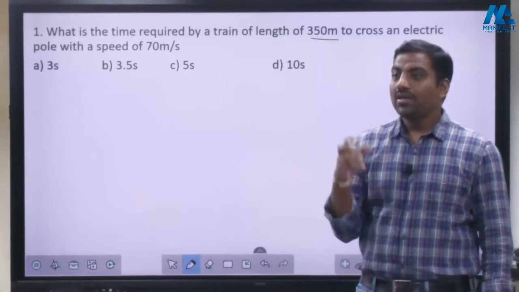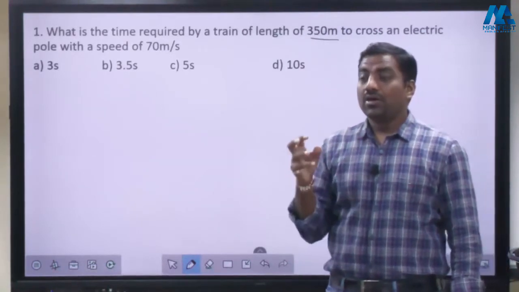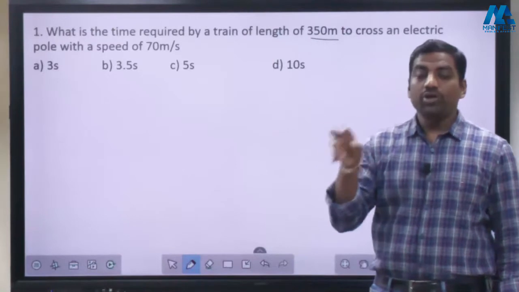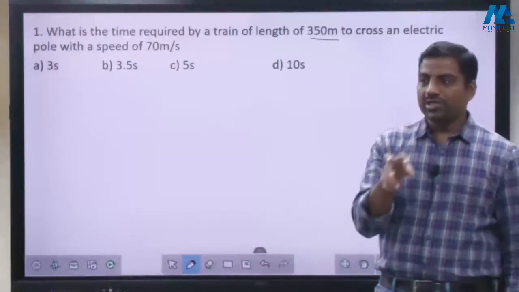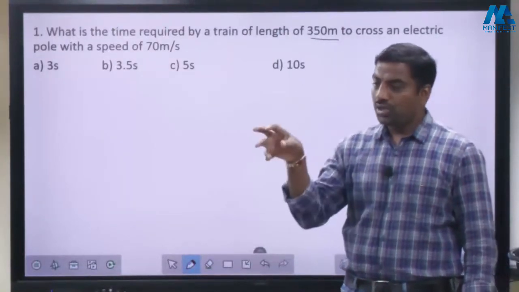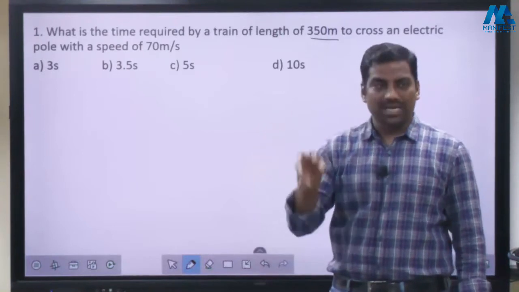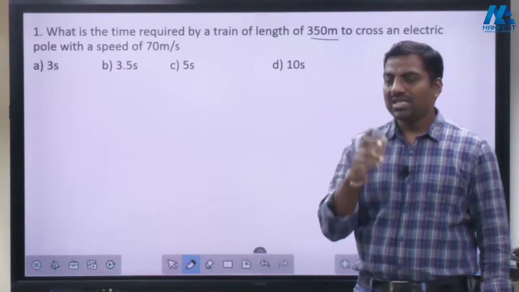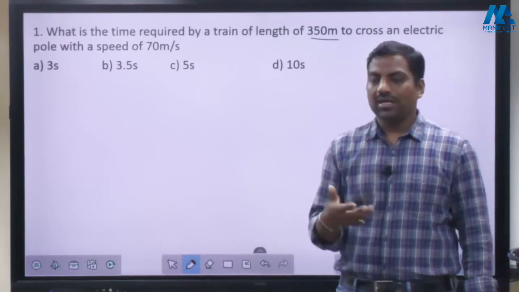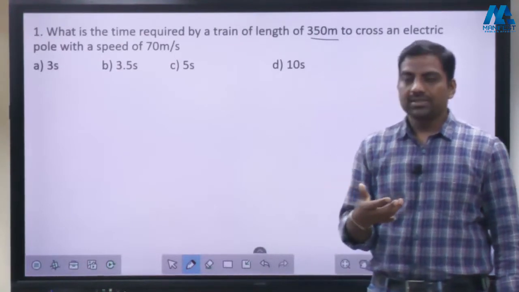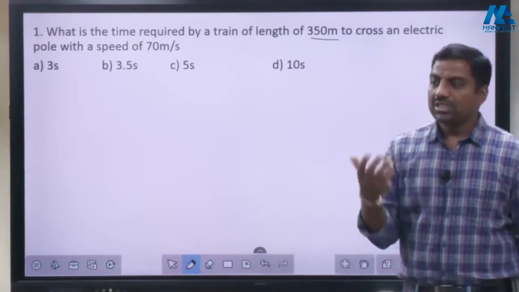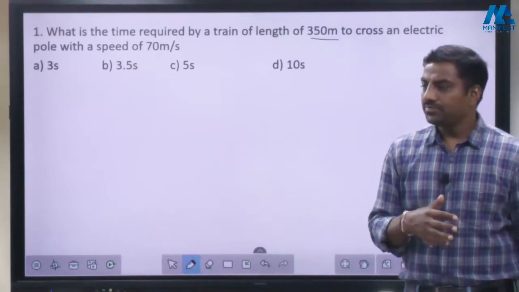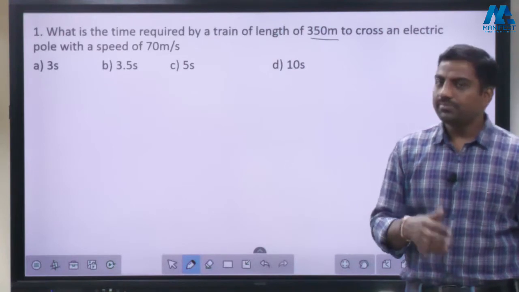So that is why in these problems, the units of meter and units of second are important for us. So whenever they give the unit of speed as kilometer per hour, we have to convert it into meter per second. Done? So that extra conversion we have to do, from kilometer per hour to meter per second. Is that fine?